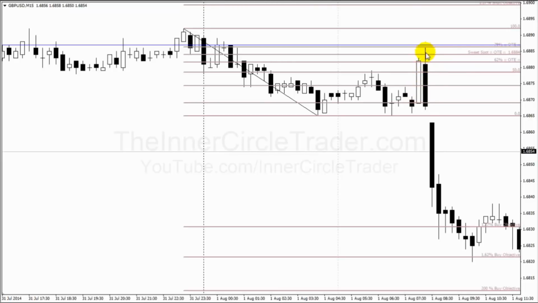Once it gets to that level, boom, takes off and trades the other direction. So by having this simple approach to using the fib and using the ICT optimal trade entry, or OTE, which is simply looking for a minimum of 62% retracement as much as 79% retracement, and looking ideally for the sweet spot, which is basically the midpoint between 62 and 79.